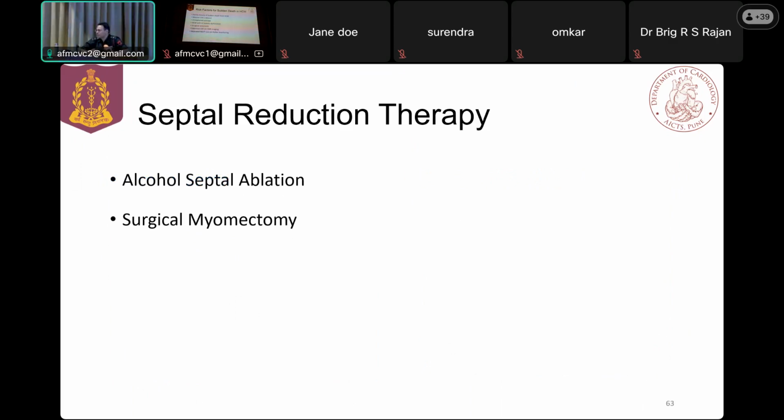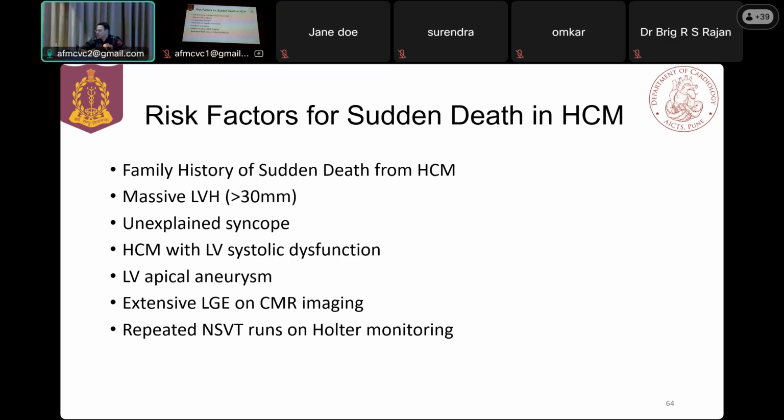Then there are some risk factors in HCM. When we are dealing with a case of HCM, we should definitely look for these factors, because if multiple factors add on, there are increased chances of sudden cardiac death. So we should ask for family history in first degree relatives, massive LVH on echo or MRI, unexplained syncope, systolic dysfunction, when the LV becomes dilated, or an apical aneurysm in the LV, or on MRI late gadolinium enhancement of more than 15% of LV mass, and repeated runs of NSVT, non-sustained ventricular tachycardia, on Holter study.